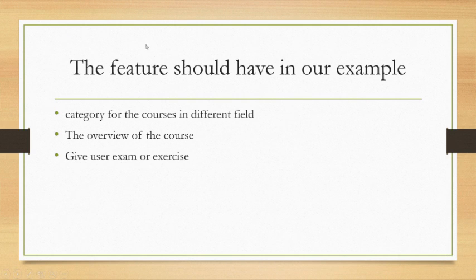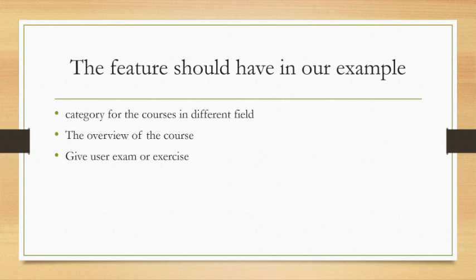After I did the research, I found that some features are very useful for our website. For example, categorizing the courses in different fields, so this can help users find their interested course very easily.